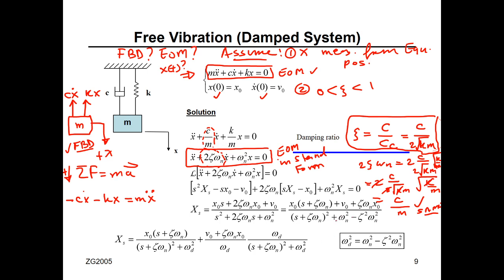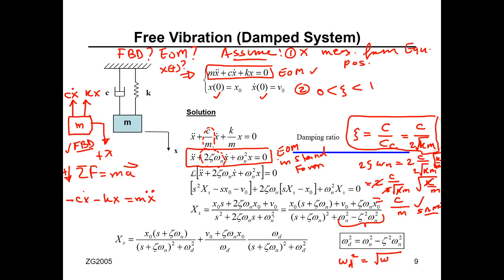You can go to the table and get the inverse Laplace. Now, before we get the inverse Laplace, let me define a new definition for omega n squared minus zeta squared omega n squared. I will call it omega d squared.